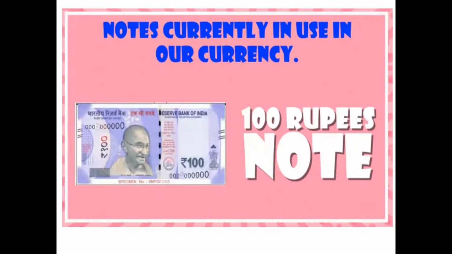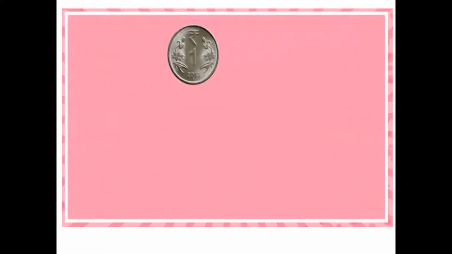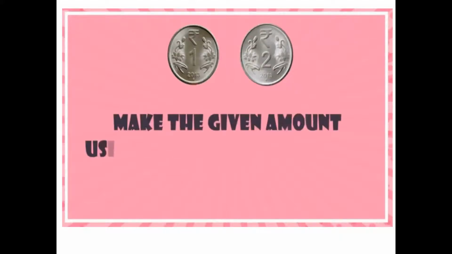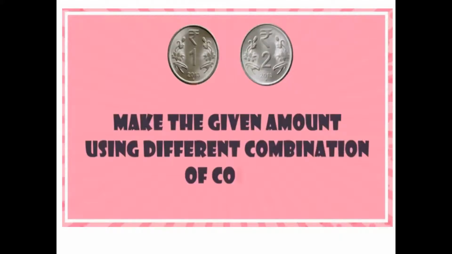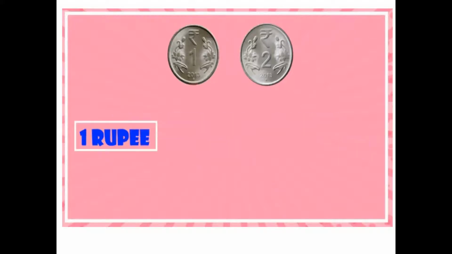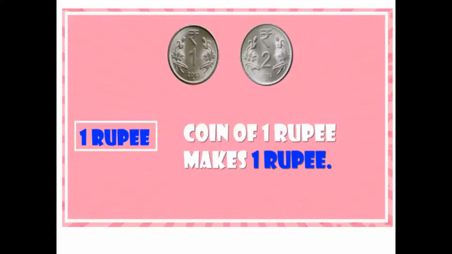Now see, if we have 1 rupee and 2 rupees, they make different amounts. So how can we get the different combinations? If you have a 1 rupee coin, we call it a coin of 1 rupee.